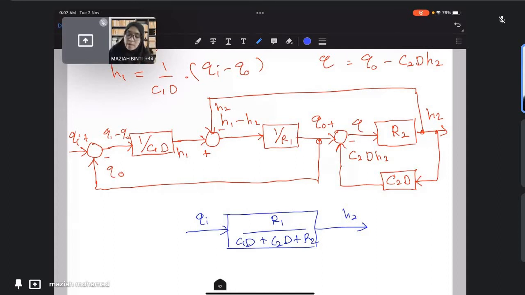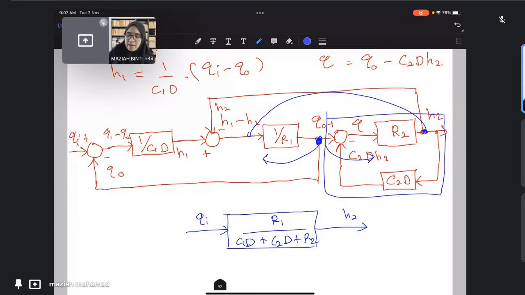Maybe we need to move this pick off point, maybe to here or to here. We can also solve the feedback loops. So we will do those steps and eventually we will get the final transfer function.